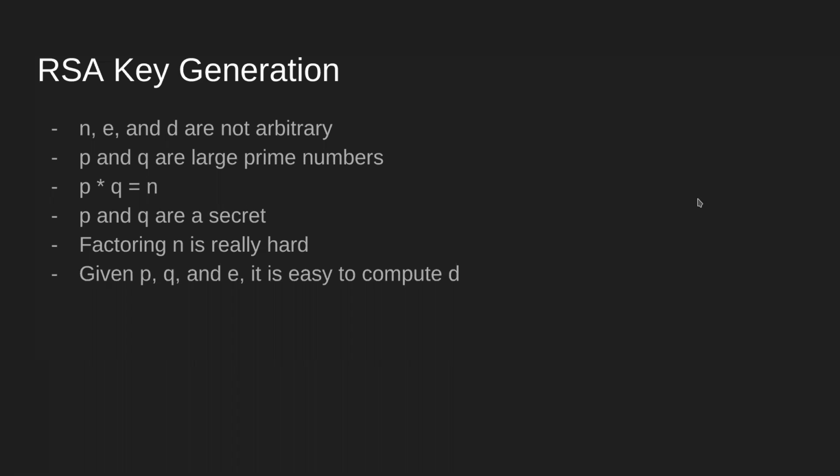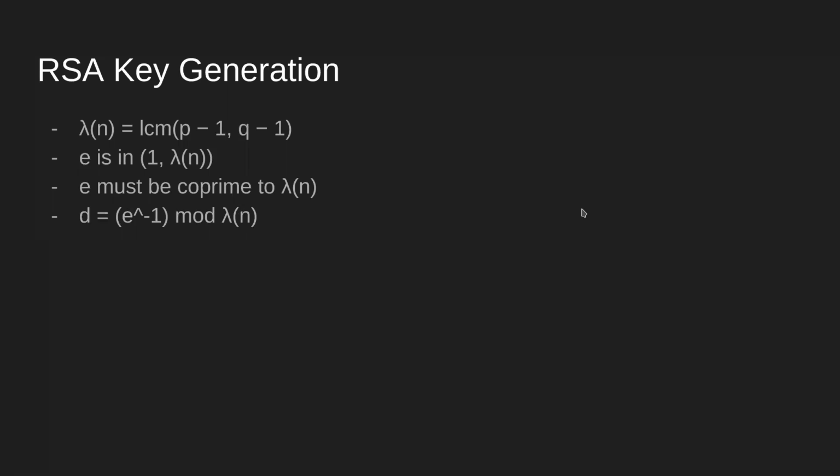Given P, Q, and E, you can compute D pretty easily, and that's how you generate D. So this is some extra math for generating E and D. There's a much more comprehensive write-up on Wikipedia, but you compute what's called the totient function on N, which essentially amounts to taking the least common multiple of P minus 1 and Q minus 1.